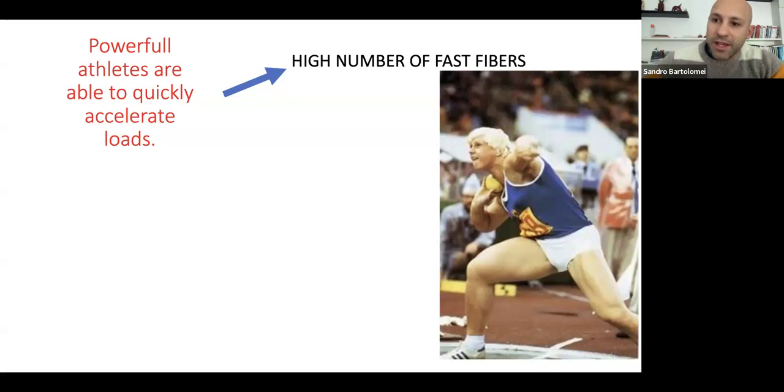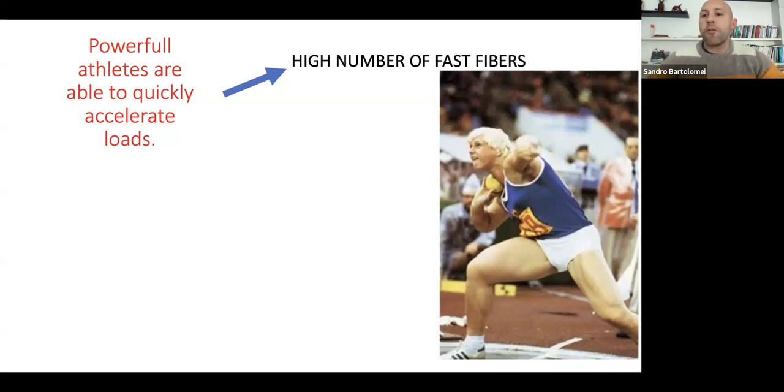Another concept is the percentage of fast fibers within the muscle of an individual. Because an individual may have a high number of fast fibers, but a lower percentage of fast fibers compared to the other muscle fibers, because the number of muscle fibers in different individuals is different.